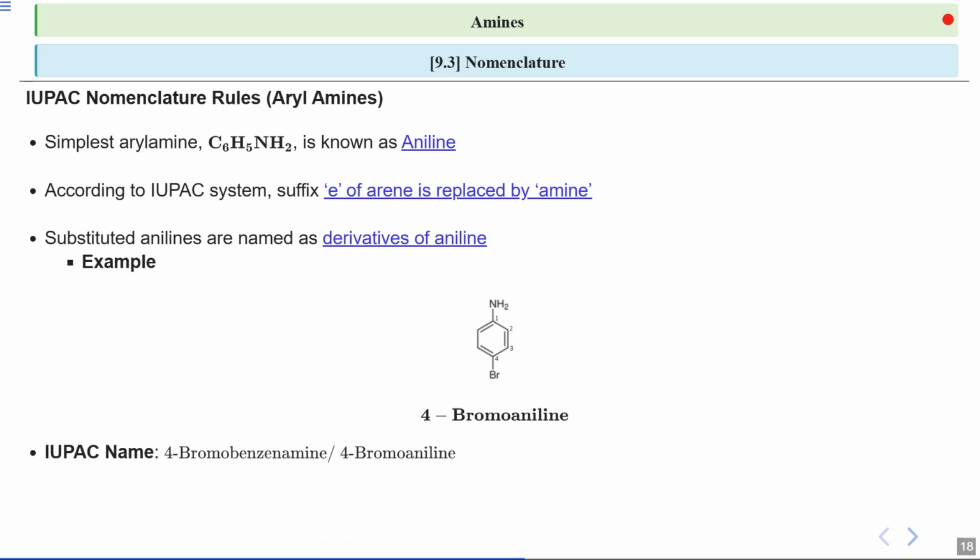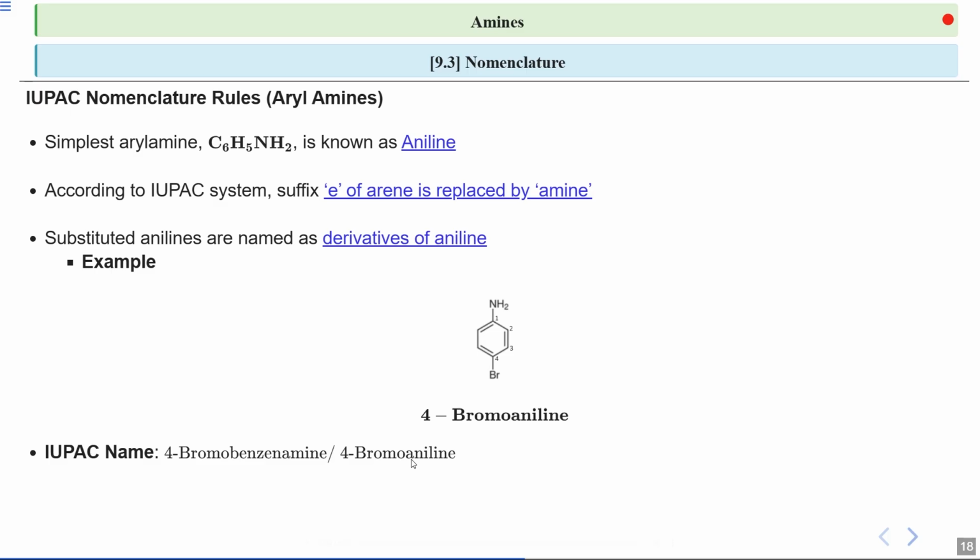If I talk about the IUPAC name, I told you that the E of arene is replaced by amine. So over here it is 4-bromo-benzene amine. This is also correct, and 4-bromoaniline is also correct. Both names are accepted, but benzene amine follows the strict IUPAC rules, while aniline is commonly used.